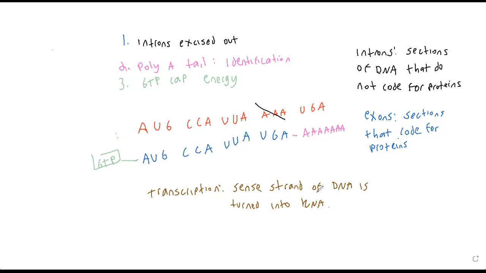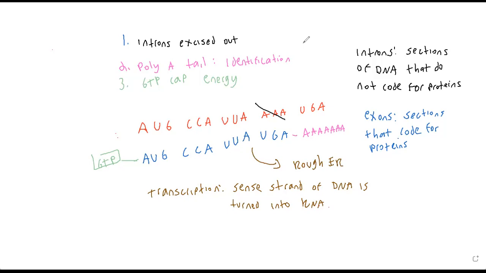So now this is going to go into the rough ER. Okay, let me make sure I have the sequence down, because I'm going to definitely forget it the moment I hit erase. So let me make sure that I have this here.